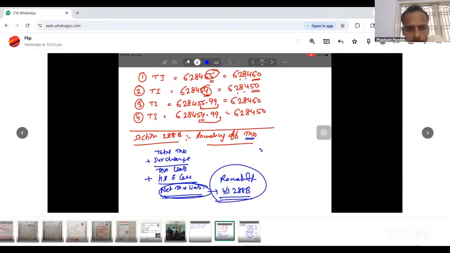From that tax liability, we again add health and education cess, and we derive the net tax liability.